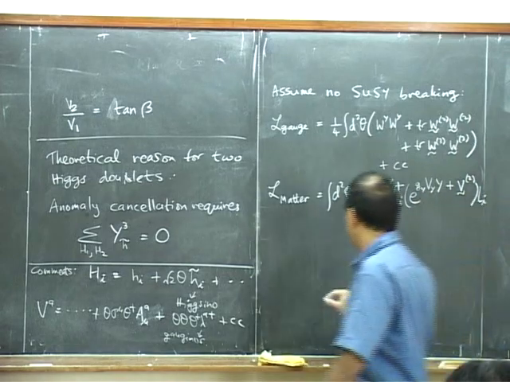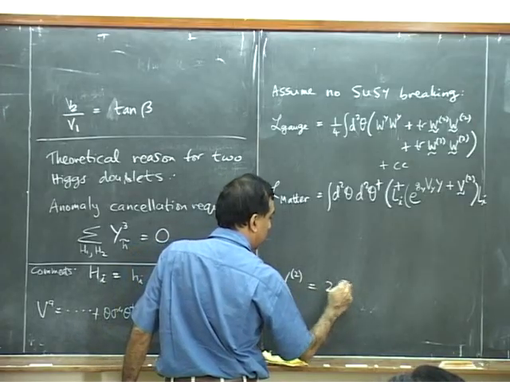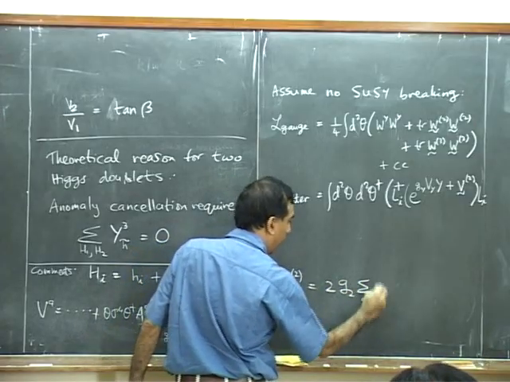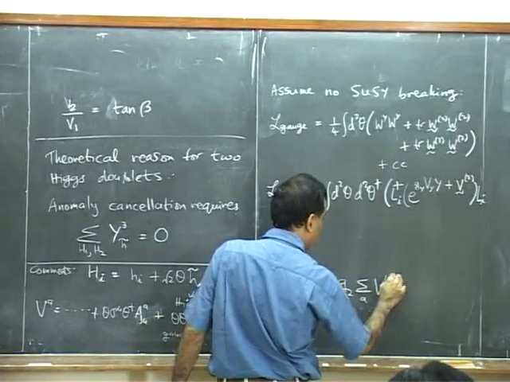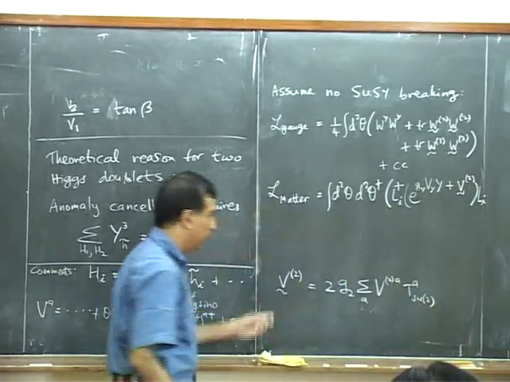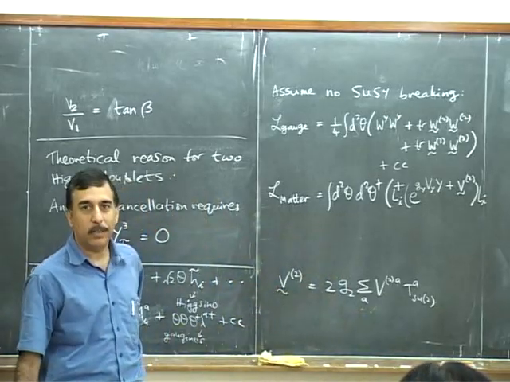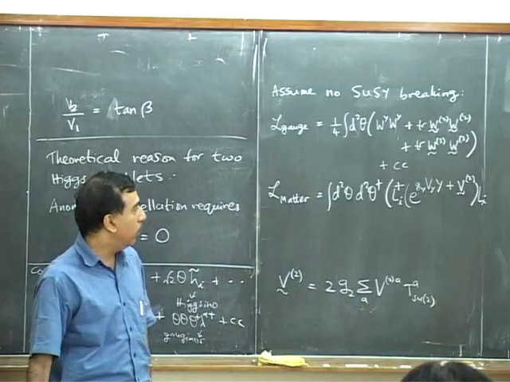The definition of V2, we've already given this before, is twice g2 summation A V2^A. This 2 is a slight mismatch between the supersymmetry and the ordinary gauge field conventions.